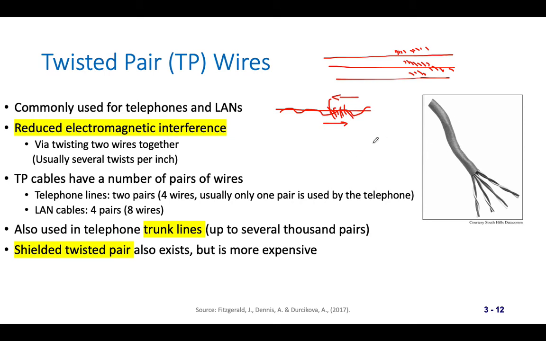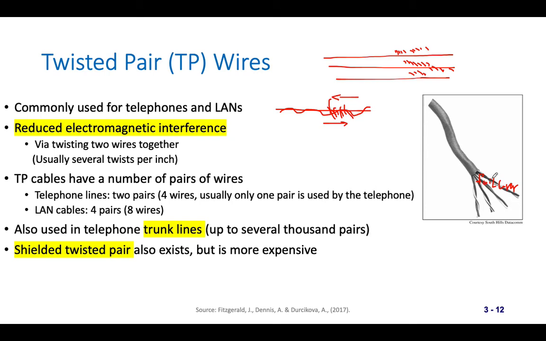We have another one exactly like that, but on top of these cables, as you see, we put a foil aluminum cover. What is that? Shielded twisted pair. I think most of you are familiar with foil paper.